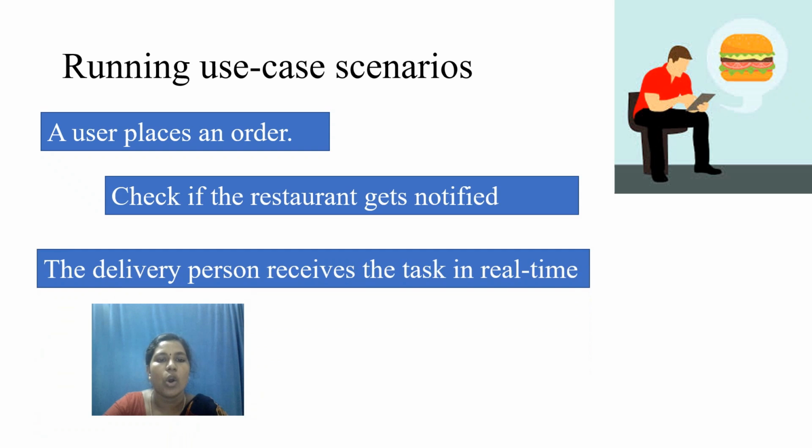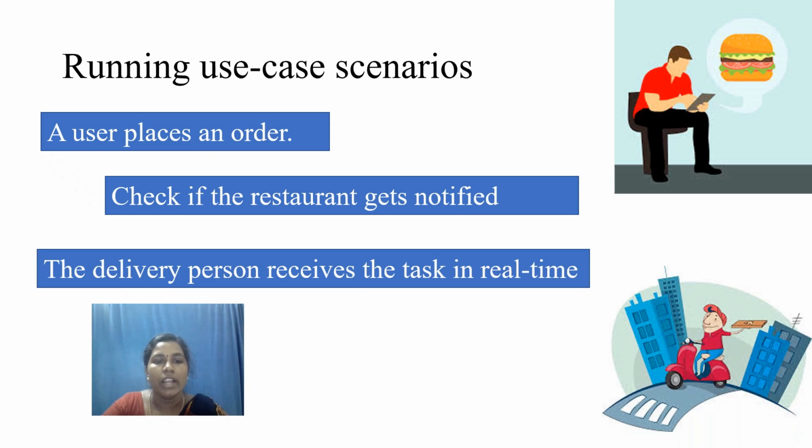John confirms the order and pays securely through his credit card. The application notifies the restaurant to start preparing the order. Meanwhile, a nearby delivery driver is assigned and receives navigation details. Once the order is ready, the driver picks it up and delivers it to John. So this example, I think, clearly explains how the use case method is used to validate the requirements.